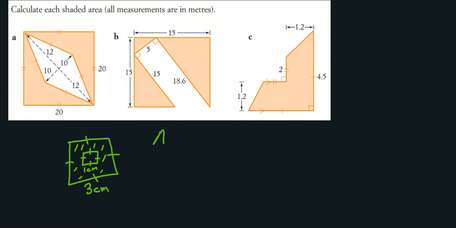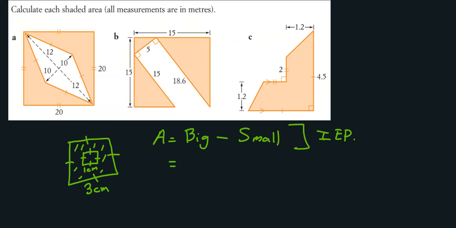So again, we're going to do a subtraction. We're going to have the big area minus the small area. This is given a special name in maths. It's called the inclusion exclusion principle. So we're including everything, and then we're subtracting what we don't have.